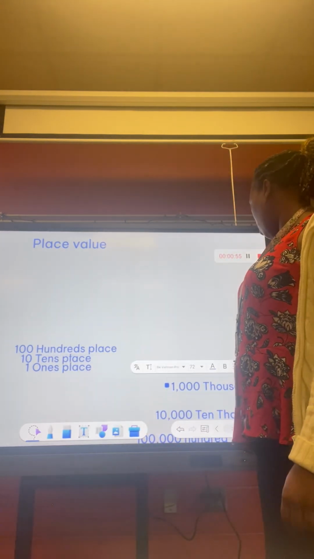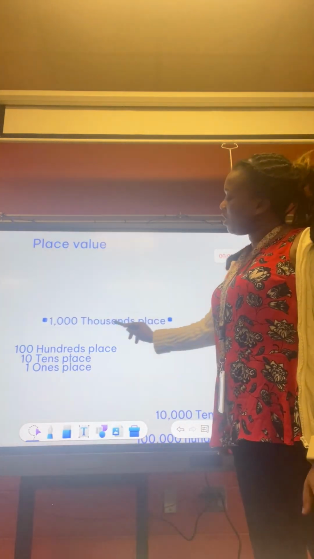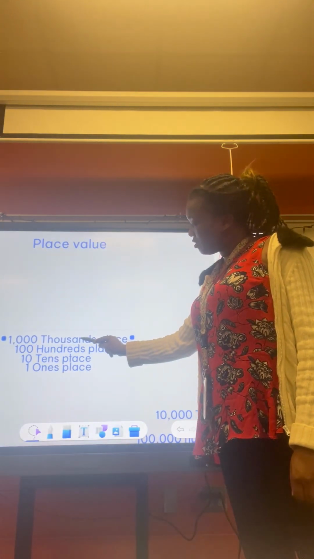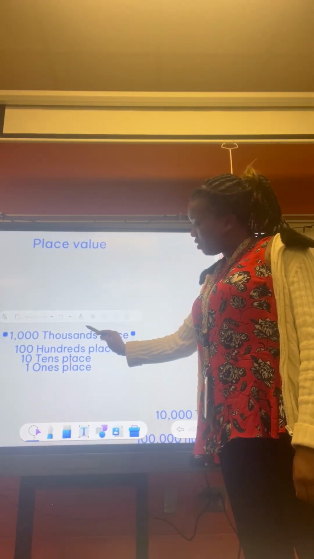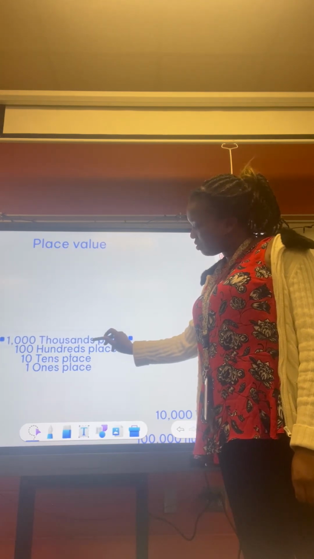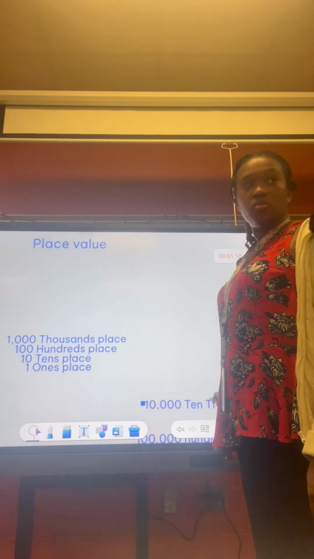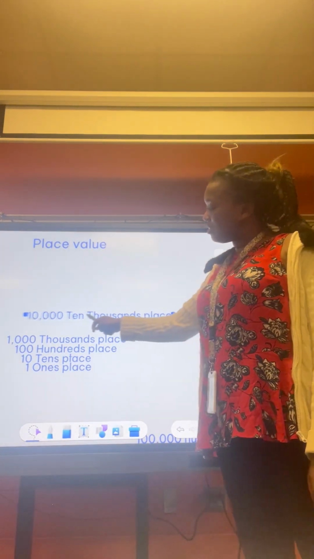And then we move on to the 4-digit, which is the thousands place. Not to confuse you, but you might get confused because you're moving to the 10,000s place.